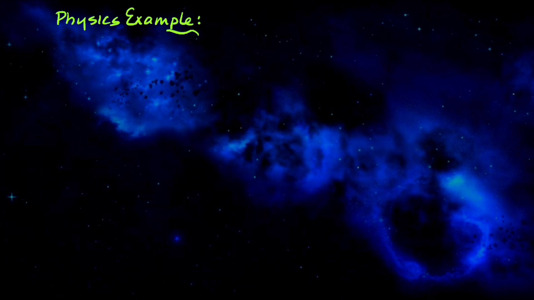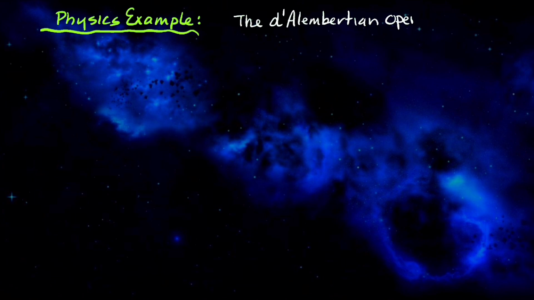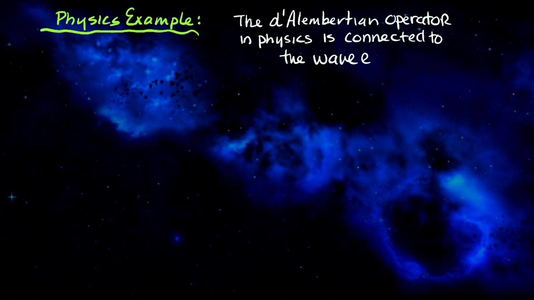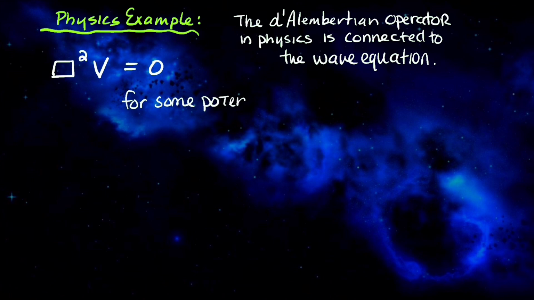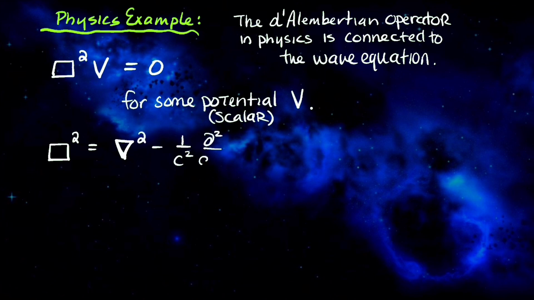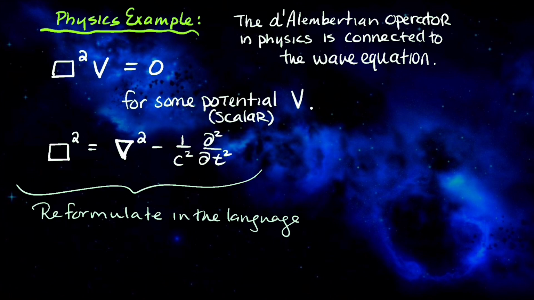A quick example from physics is the D'Alembertian operator. If you're not familiar with it, it has something to do with the wave equation, given by a little box with a square for some potential v, which is a scalar. And the operator is given by a spatial second derivative operator minus a temporal term.